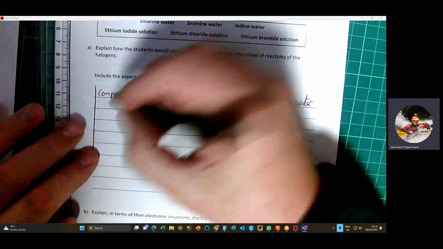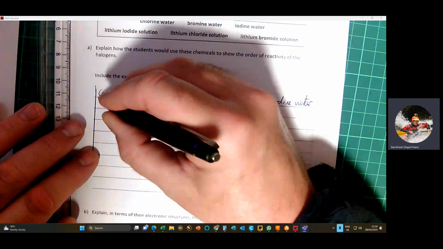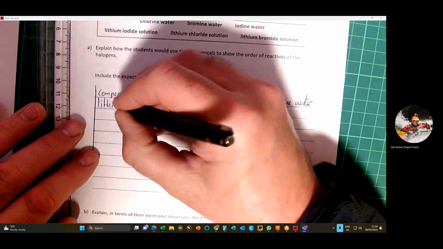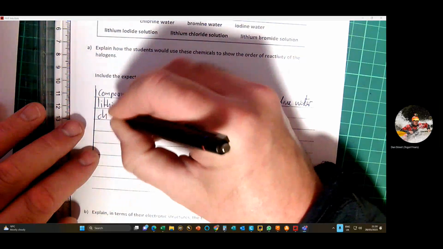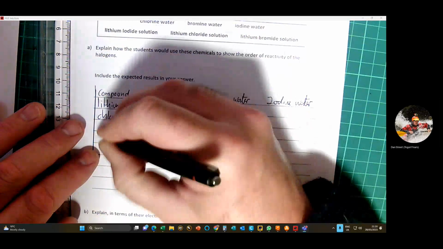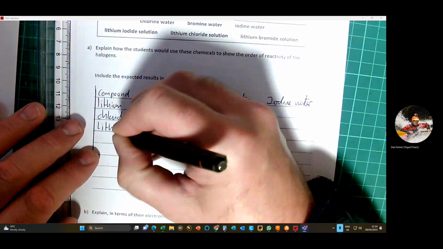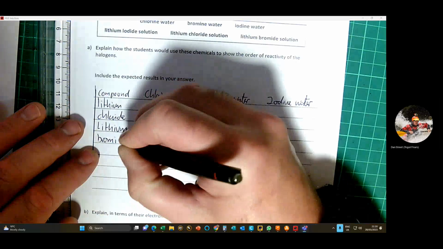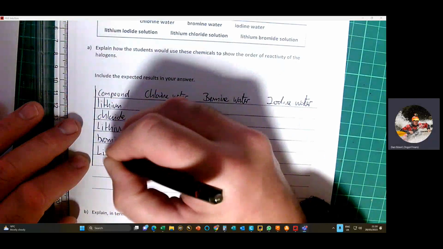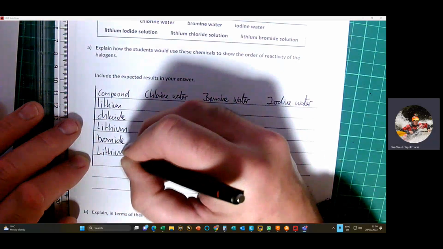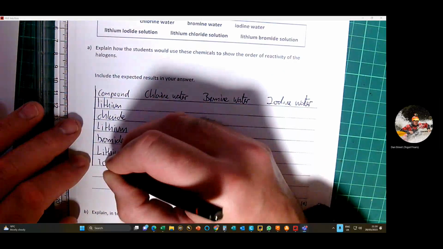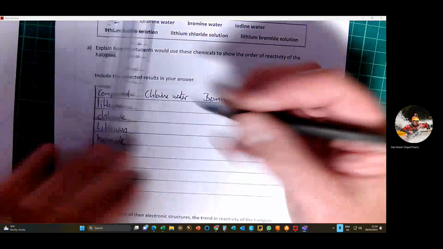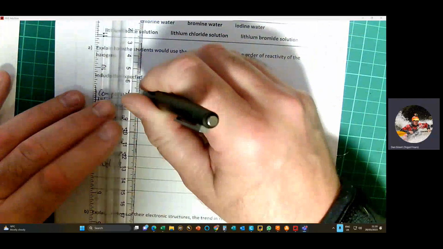Going down here, we could have lithium chloride, lithium bromide, and lithium iodide. We turn this into a table.